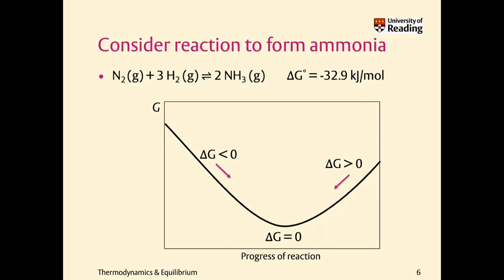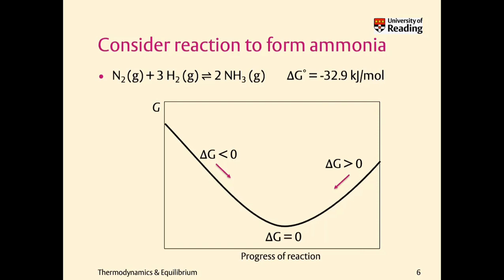So you can see that the line at the 0 point on our progress of reaction graph here will be higher than when it gets to the end where we have 100% products, where the line is lower, because the overall change in Gibbs energy for the overall reaction is a negative number.